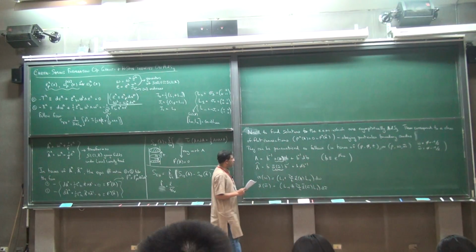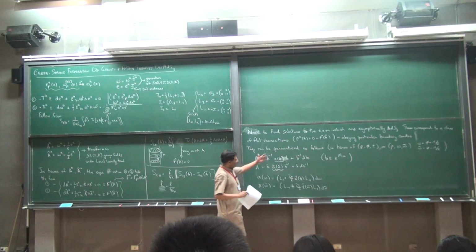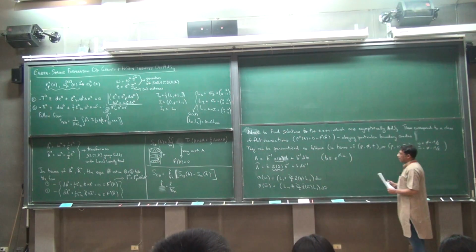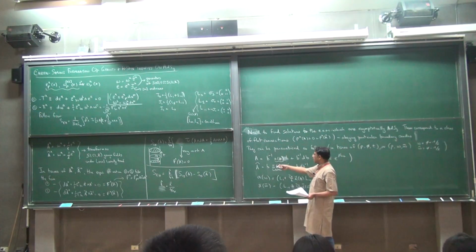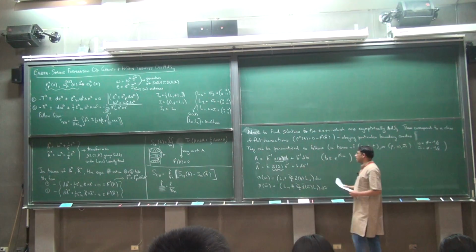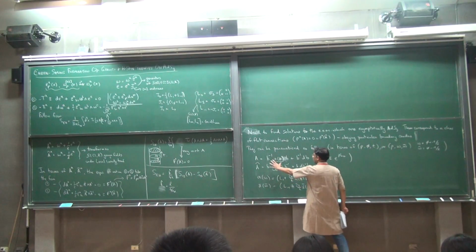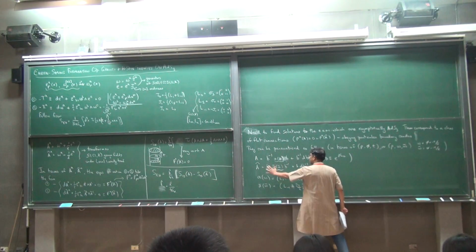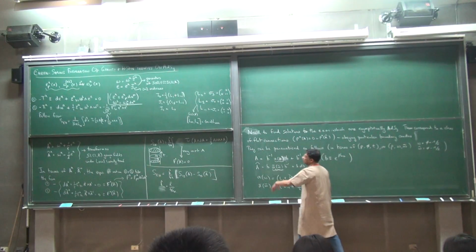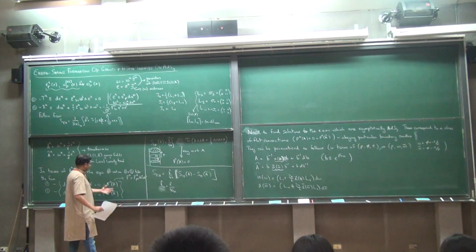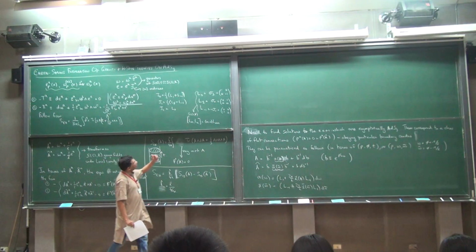So you can show that the most general solution, which is asymptotically AdS3, can be written in the following form. So you're looking for SL(2,R) gauge fields which satisfy this equation.